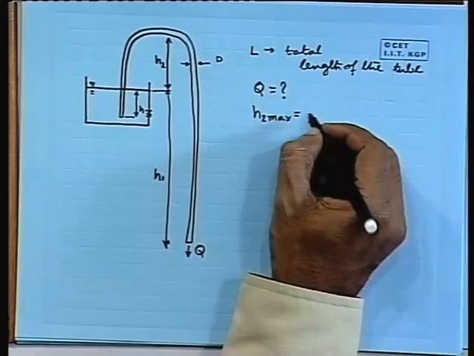So, this is water and it is flowing through this tube. So, what is the value of Q? That is what I am interested to find out. Then I want to find out what will be the maximum value of H2 max.